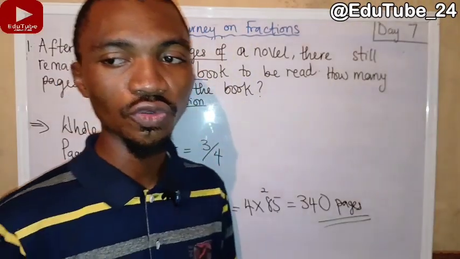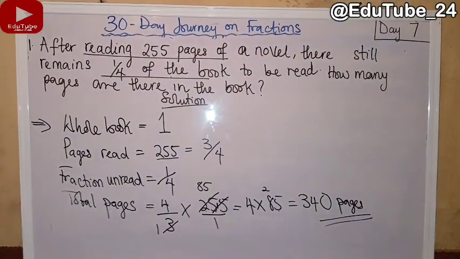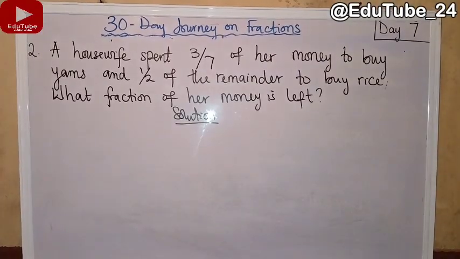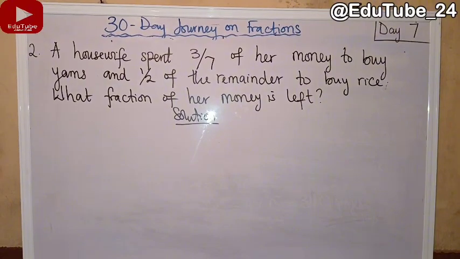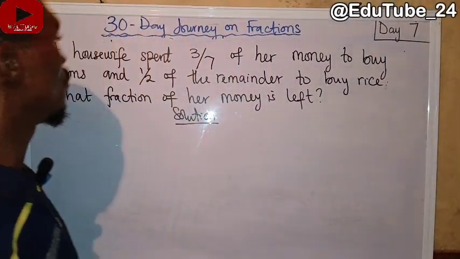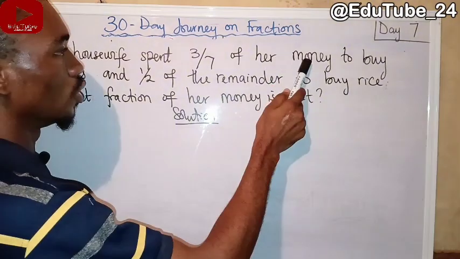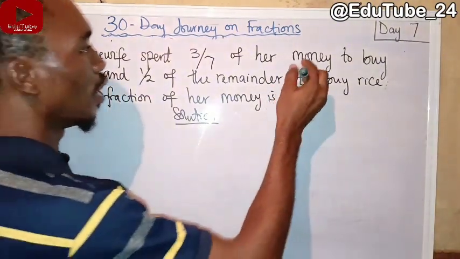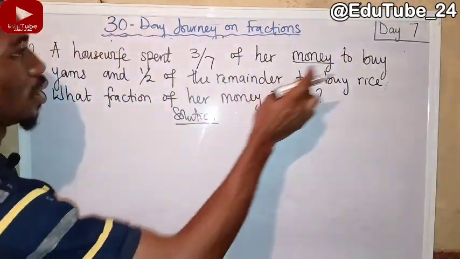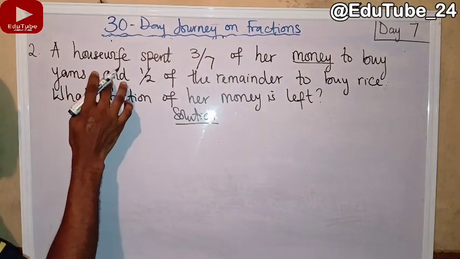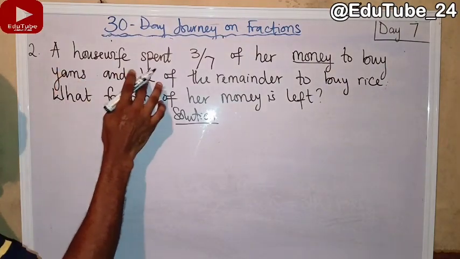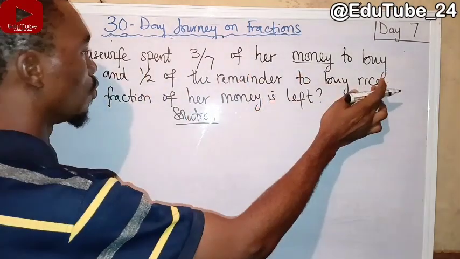So let's move on to question number 2. Okay, so question number 2 for today says, a housewife spends 3/7 of her money, we are dealing with money in this regard, to buy yams, and then that means you're also dealing with items, and half of the remainder to buy rice.